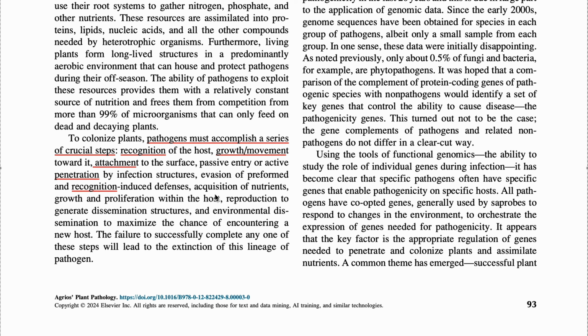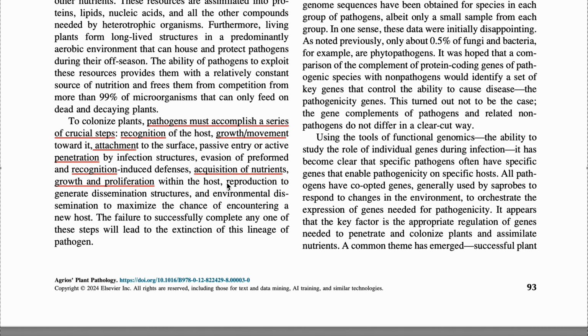Next step, acquisition of nutrients through haustoria. Next, growth and proliferation within the host. Next, reproduction, which is a necessary step. And finally, dissemination, which means after doing their work, they need to be spread to a new host, right?